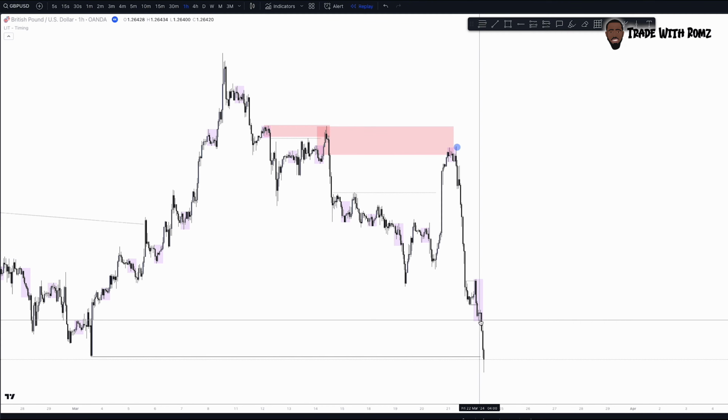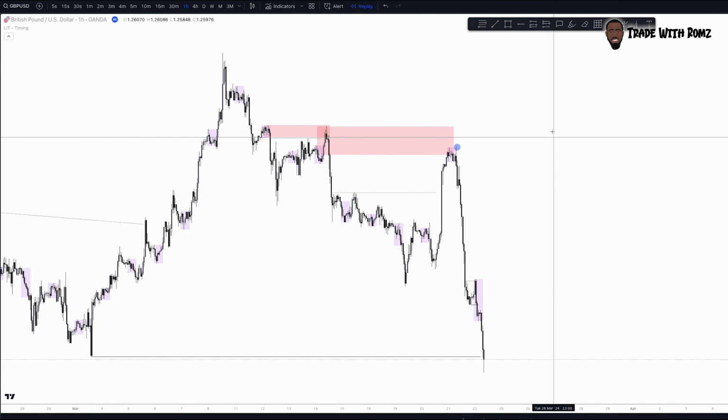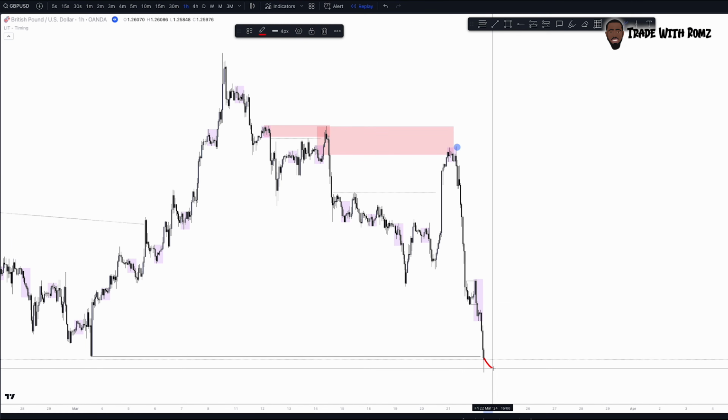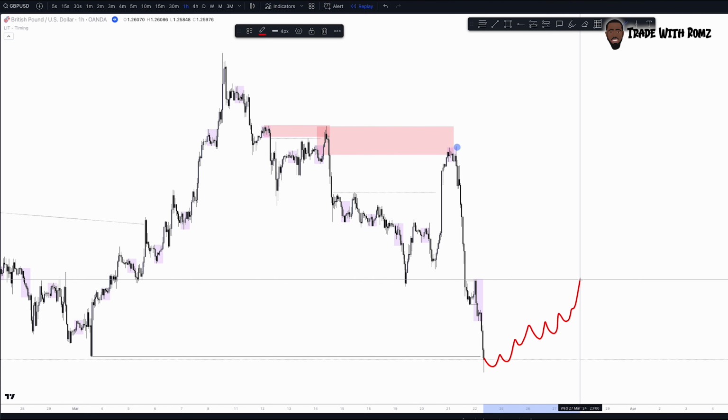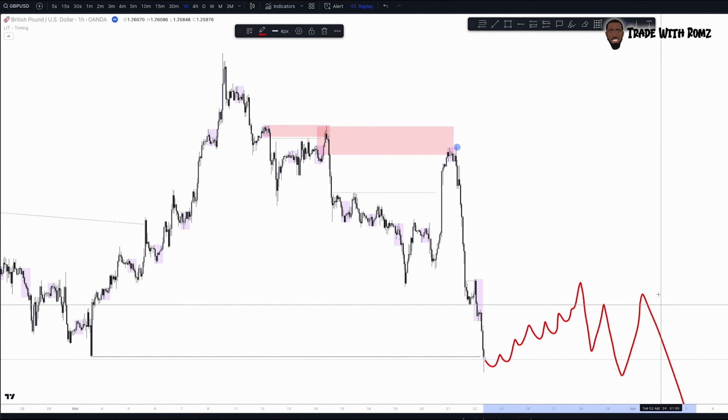It's created a new low, so there's going to be orders in here. Maybe price is going to respect this high, creep back up, and then go lower. And maybe it's going to give me an entry. Who knows? But let's see how price played out.